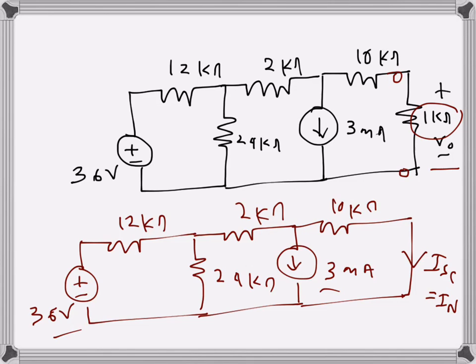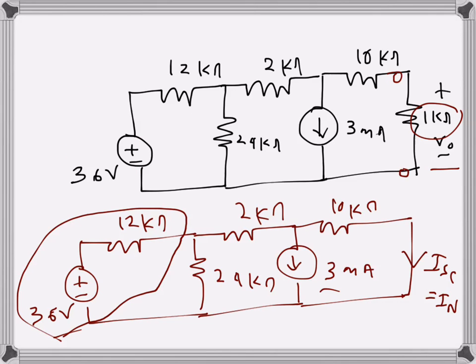First, I will convert this voltage source and series resistance into a current source and a parallel resistance. The direction of the current will be like that because the voltage polarity was in this direction.